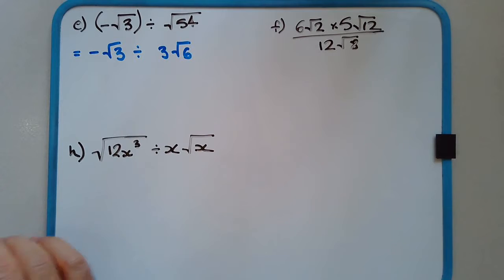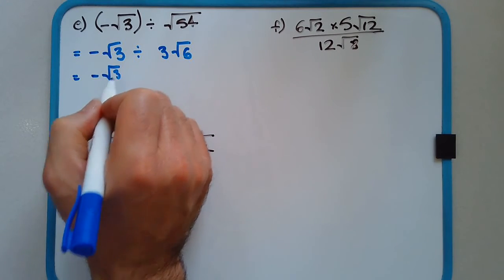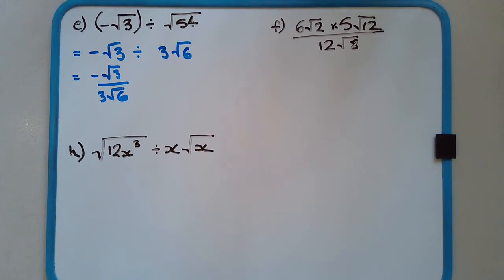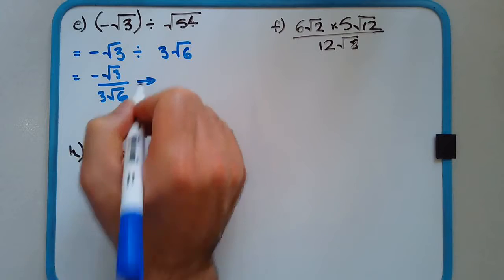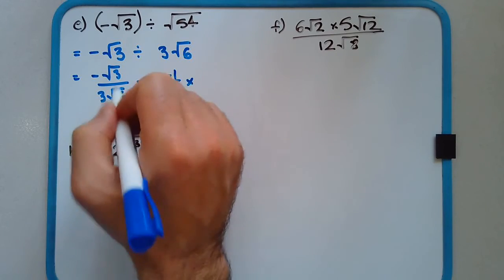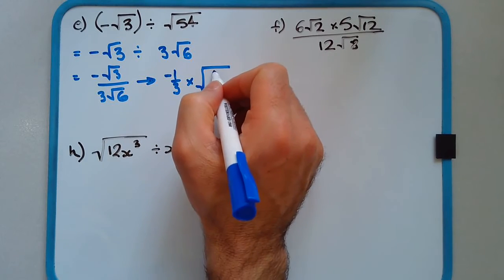So we're happy with that. I'm just going to express it in fraction form. So that's negative root 3 over 3 root 6. Okay, so that's going to be a negative 1 on 3, isn't it? So I'm just going to save a bit of space here. That's really negative 1/3 multiplied by root 3 on root 6. Now, I'm going to express that as a single surd.